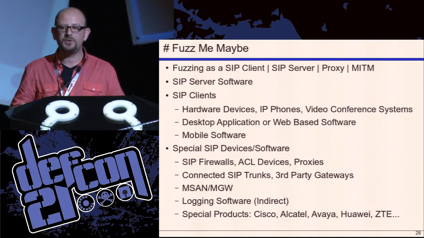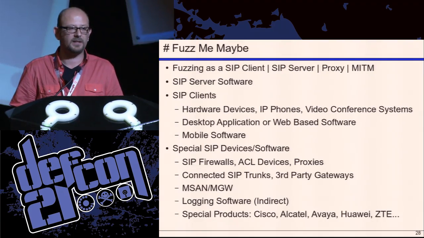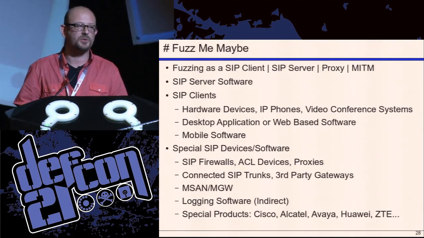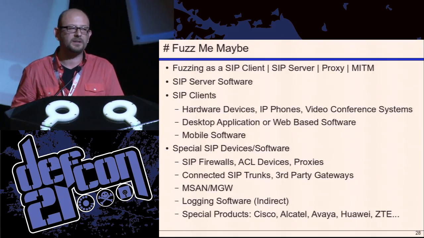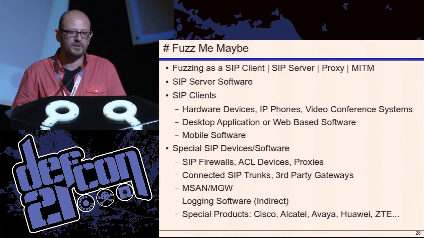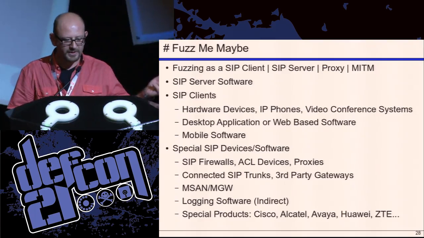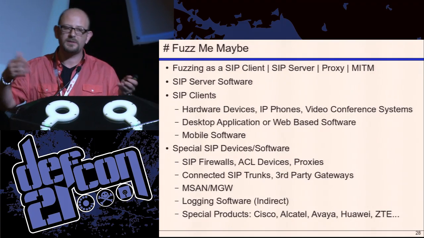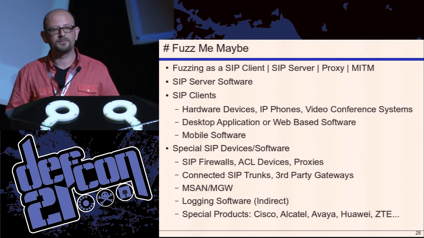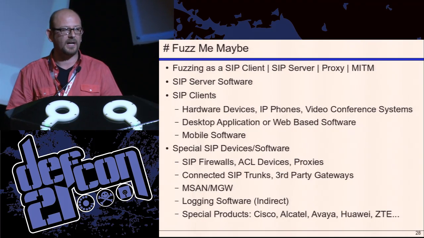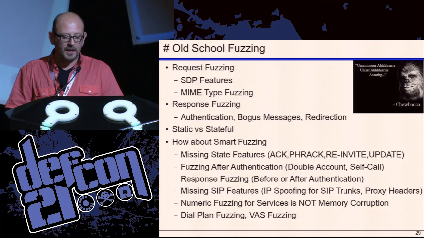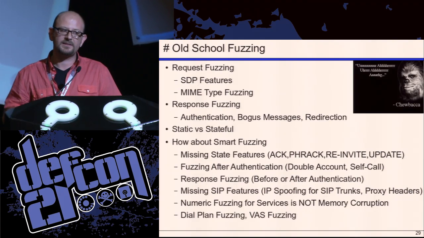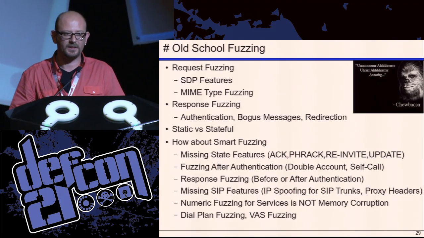So you have no vulnerabilities to find using these tools. You should change your perspective and vision. We can fuzz it in many ways, acting just like a SIP server, SIP client, MITM attack, or acting like a proxy or something else. But old school fuzzing is not sufficient.